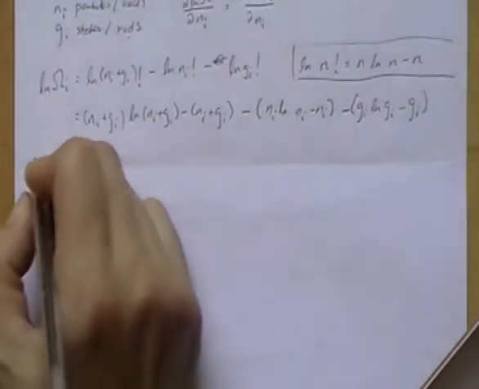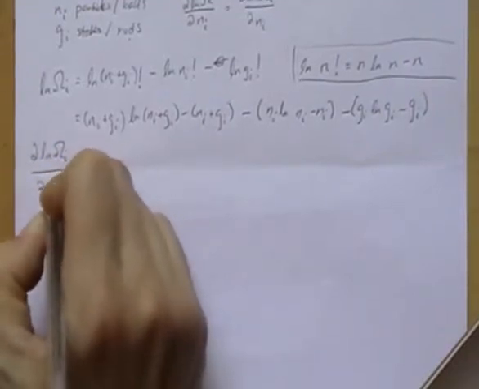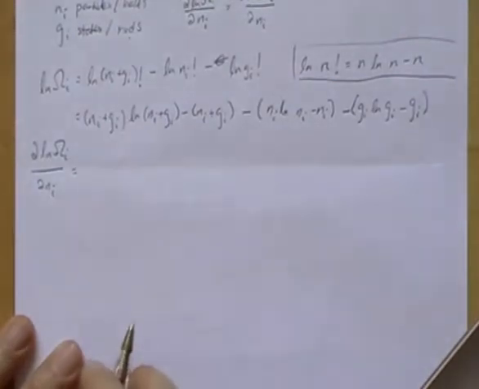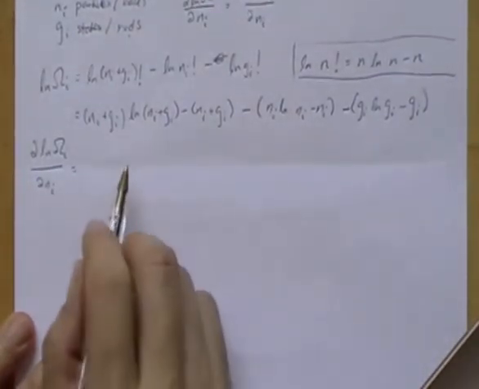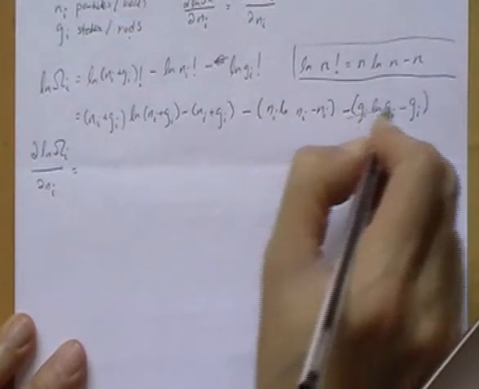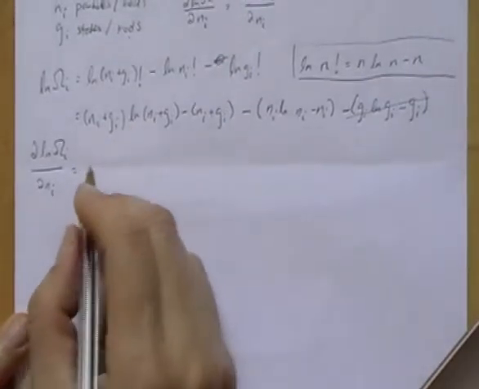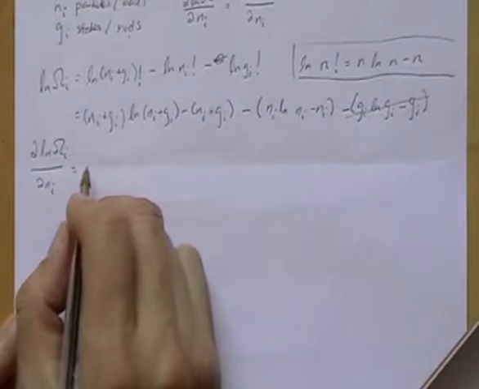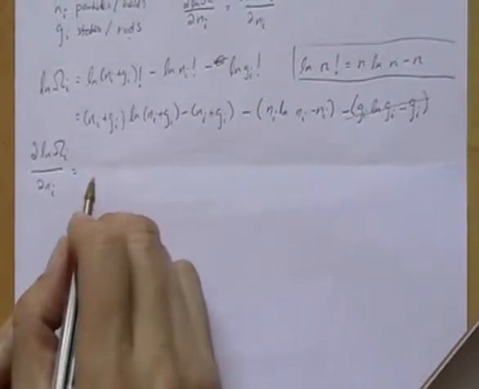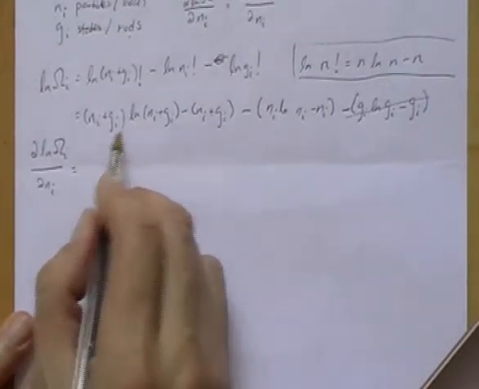Okay, now we are ready to differentiate by ni. Let's notice that that term does not depend on ni at all, so that becomes 0 when we differentiate. Now let's deal with this. When I differentiate, that's a product, so I'll start with differentiating that.